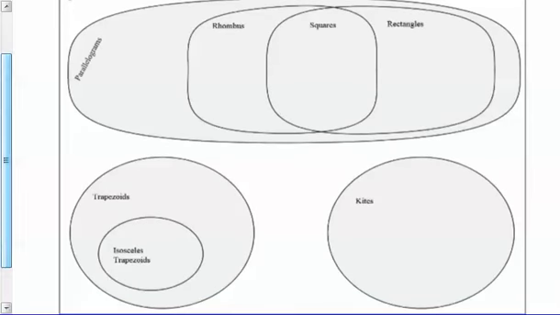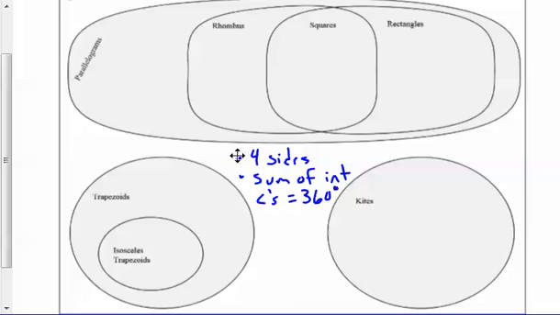Every quadrilateral has four sides. Every quadrilateral has the sum of their interior angles equal to 360 degrees. Every quadrilateral will always add up to 360 degrees when you add up the interior angles.